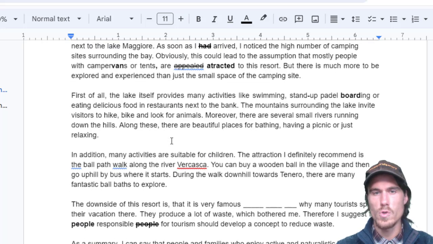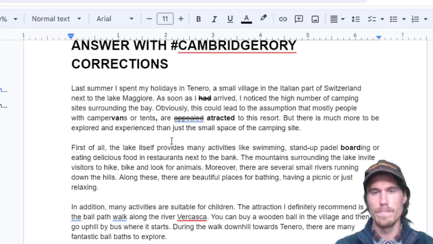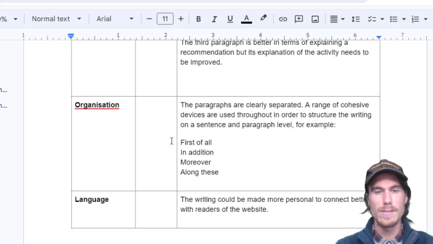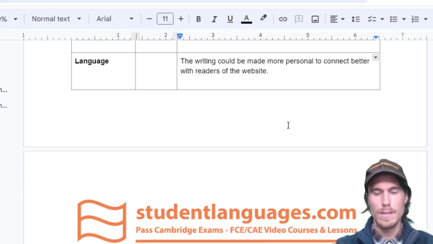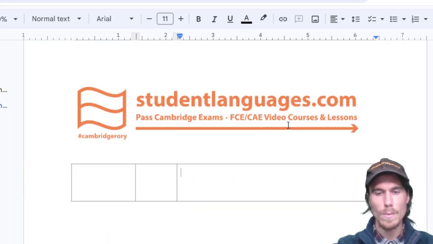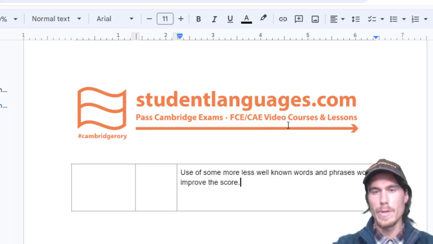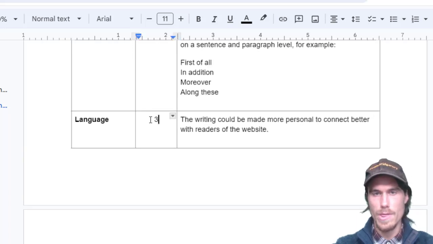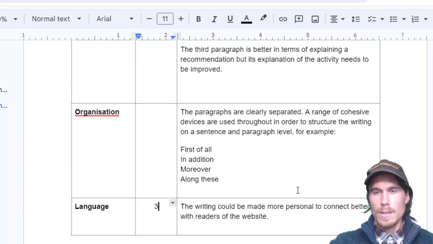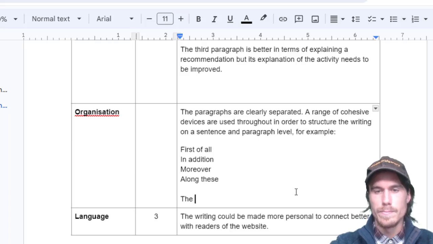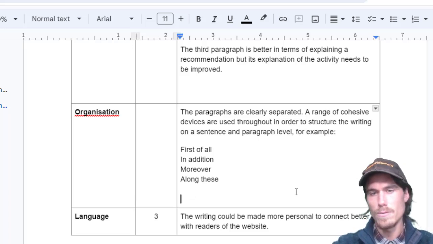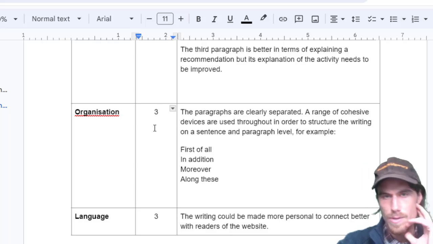Perhaps you could try and use a few more less well-known words and phrases, would be one comment I would make. But the language, I think, is good enough, and therefore I give it a 3. The organisation is fine, actually, so I give that a 3 as well.